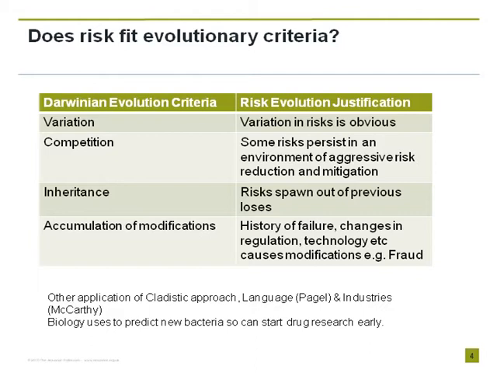Here's some justification for our approach, or the cladistics approach to looking at evolution. We seem to be able to fit quite easily into a Darwinian definition of what evolution is if we look at it from a risk perspective. And others have taken this approach, Pagel and McCarthy in particular, from a linguistic analysis, which is written up in Nature. And McCarthy has used this for industry groupings to make quite an interesting approach to strategy.